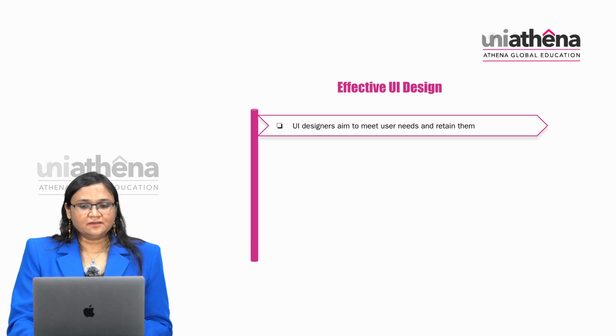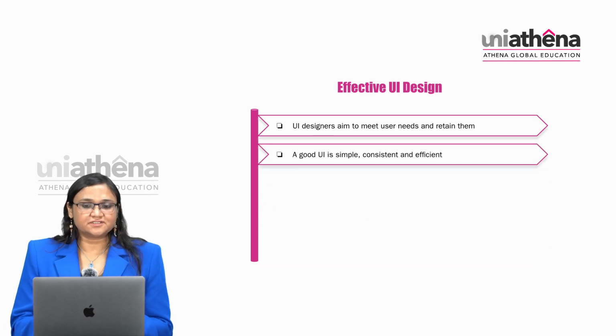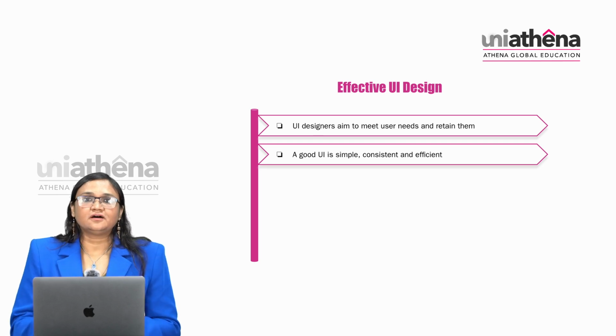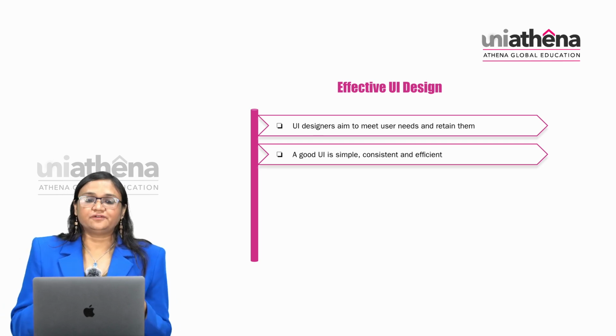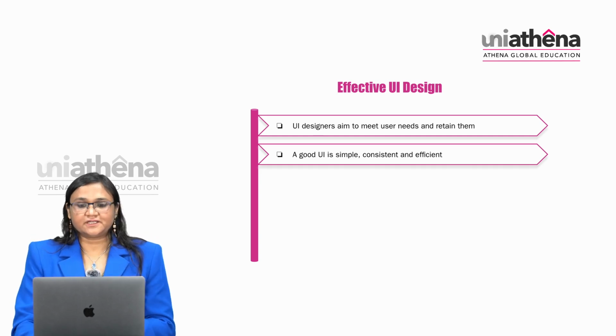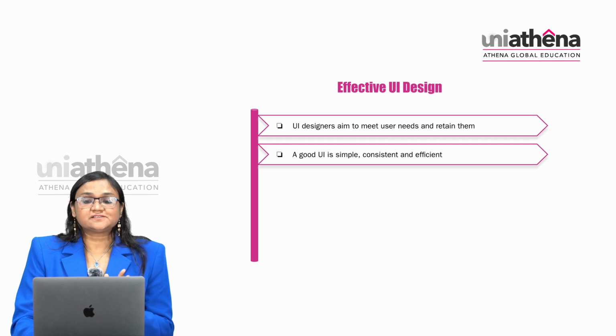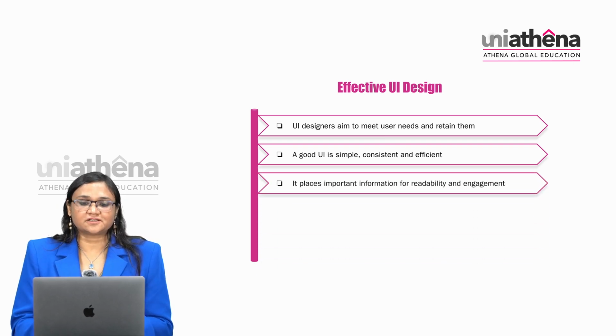Effective UI design requires you to meet your user needs so that you can make them satisfied and retain them. A good UI is very simple. It follows consistency in elements and is efficient in performing tasks.